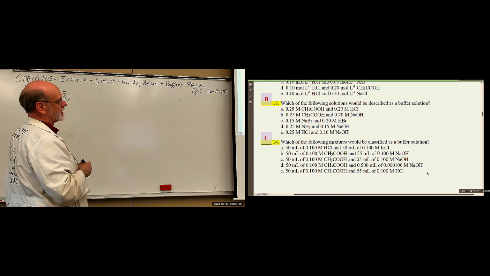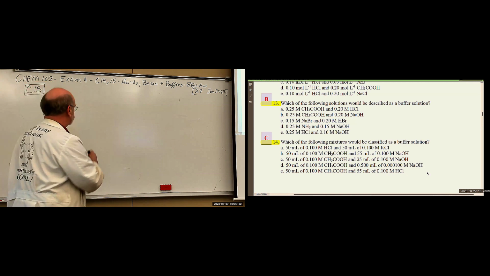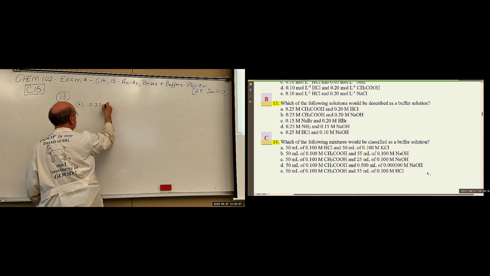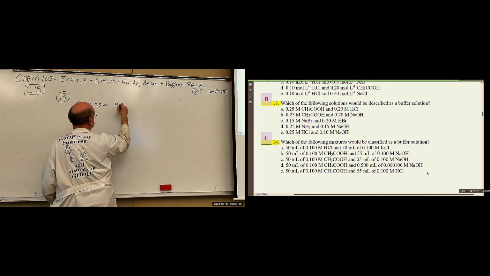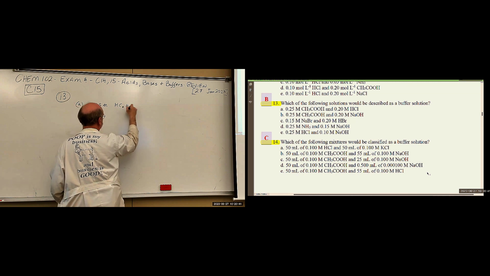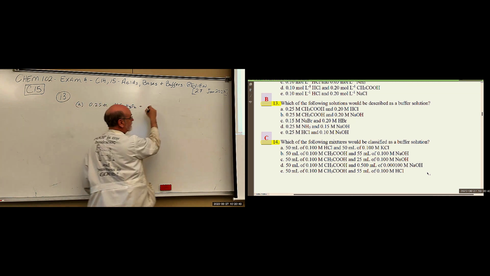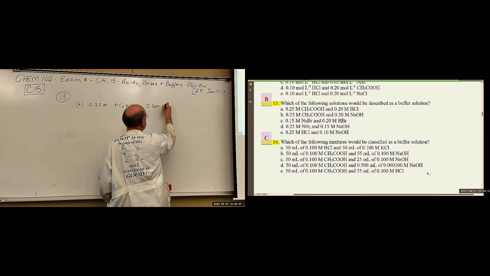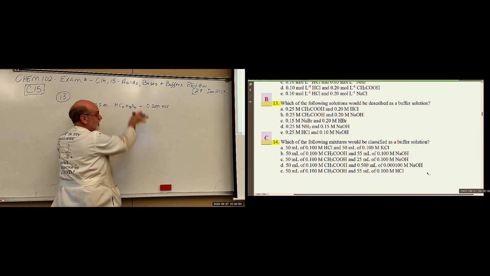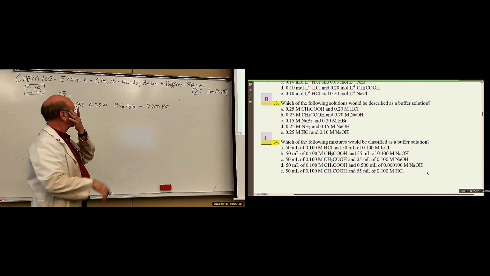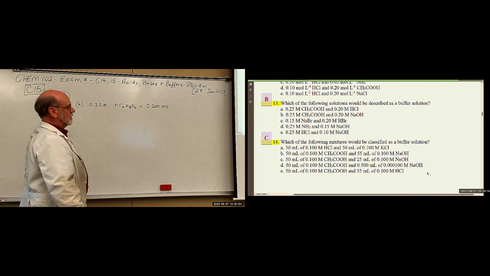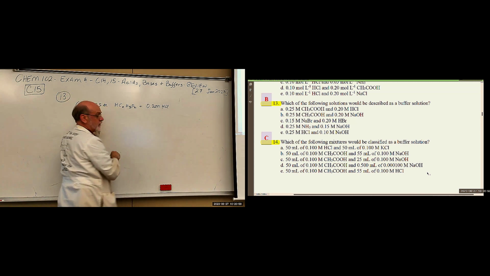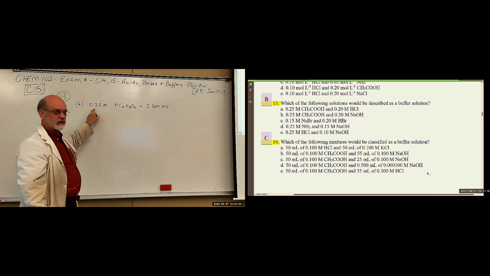The first one has 0.25 molar acetic acid and 0.2 molar HCl after we've added them together. Right, this is going to be close to the stoichiometric point. You've almost used everything up. That would not be a good buffer.